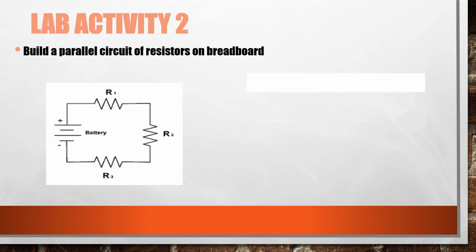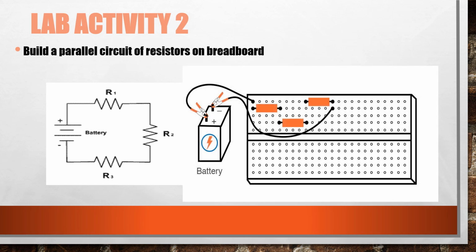Now how are you going to develop this circuit on the breadboard? You will develop this circuit like this. Here as you can see, all these three resistors are connected in series because we know that these holes are vertically connected. It means they are connected like this, in series.